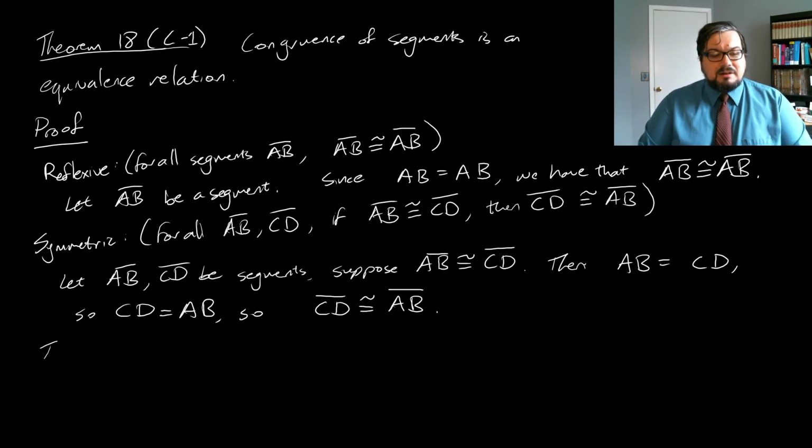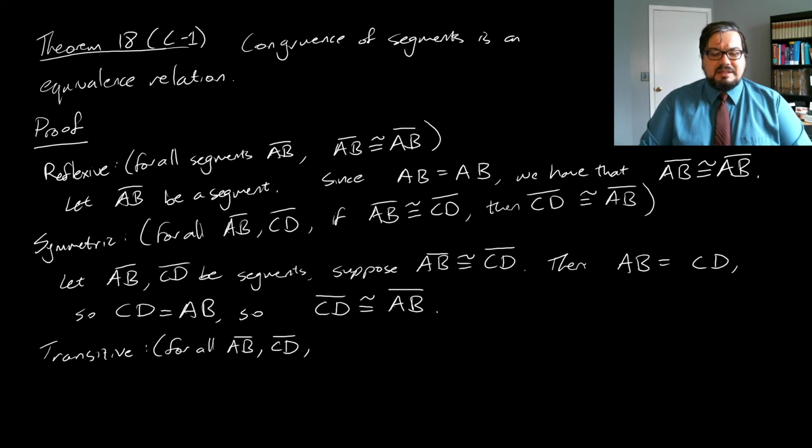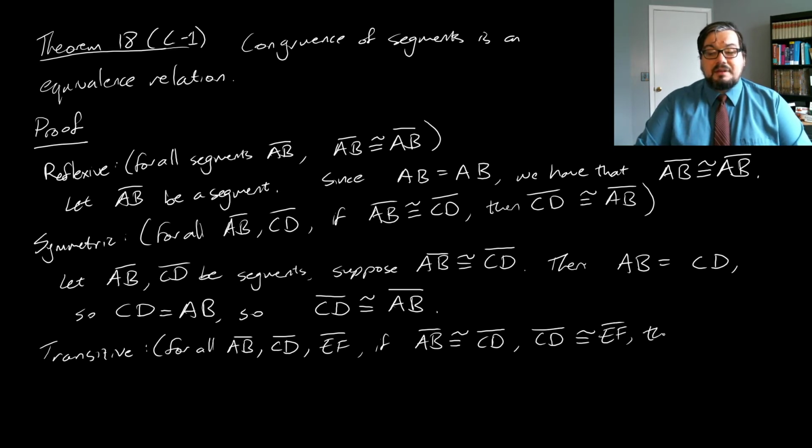And the same sort of pattern is going to happen for the third condition we want, which is that the relation be transitive, which says that for all segments AB, CD, and EF, if AB is congruent to CD and CD is congruent to EF, then AB is congruent to EF.